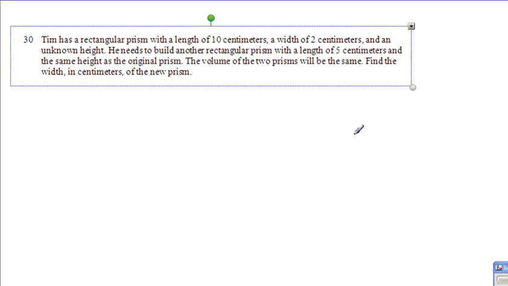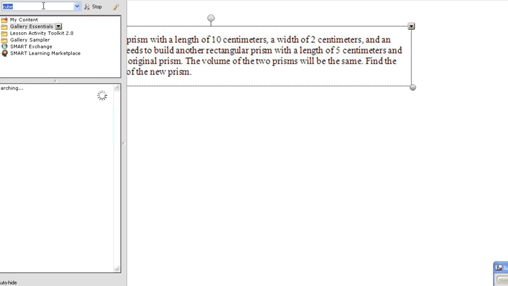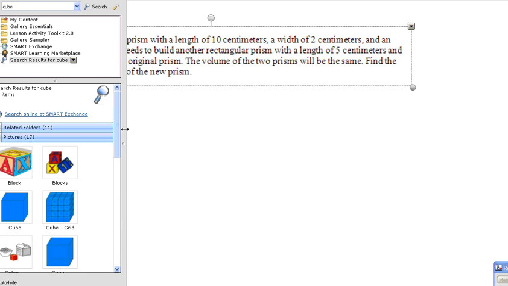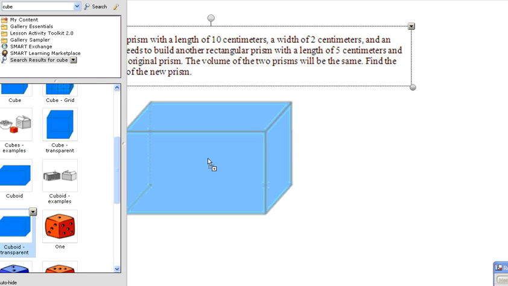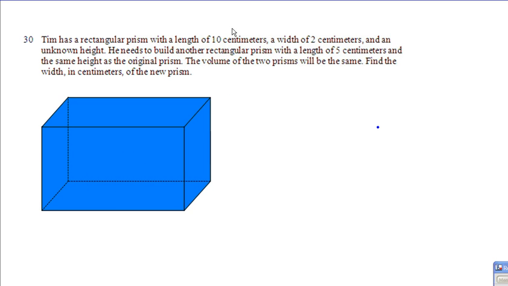Alright. Tim has a rectangular prism with a length of 10 meters and width of 2 centimeters and unknown height. Now, so here we have rectangular prism, so let's try to get some sort of things like that. So here we have, let us say the length is 10, and then the width is 2.